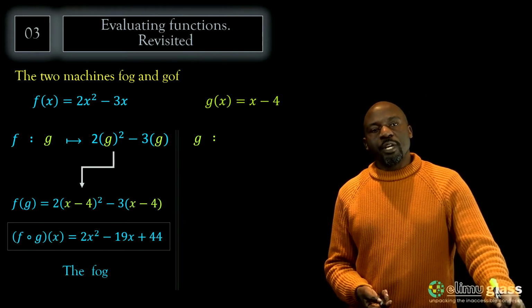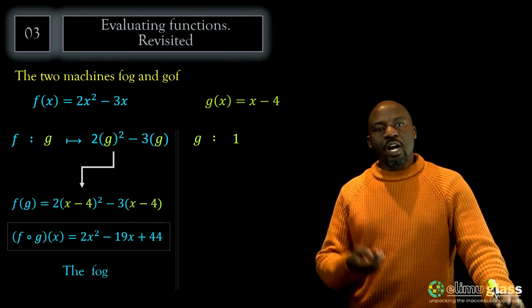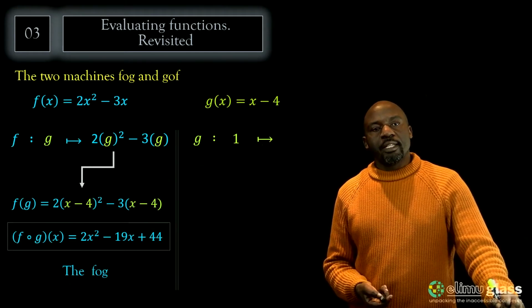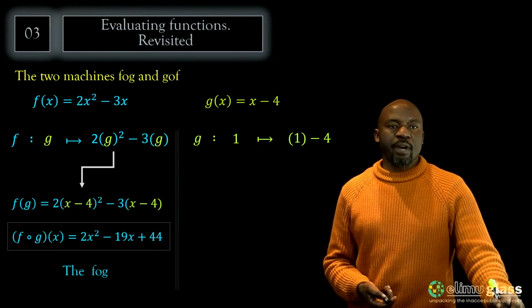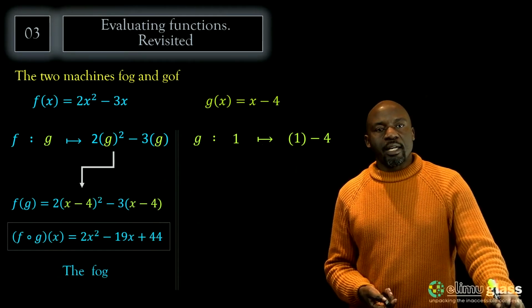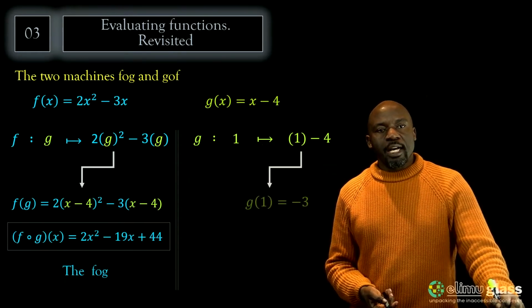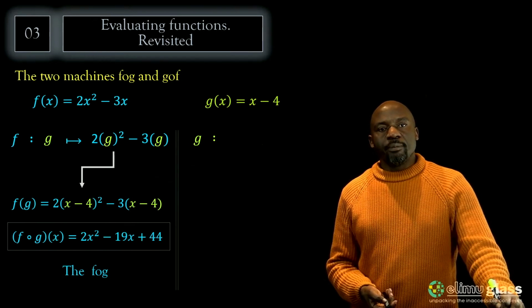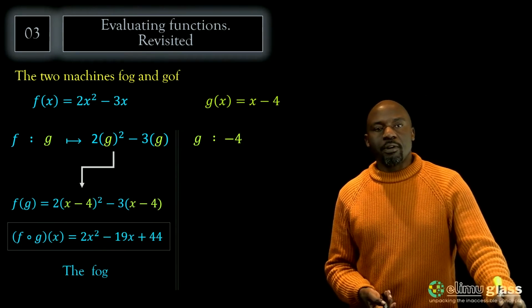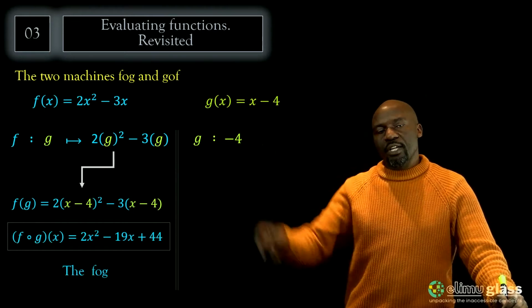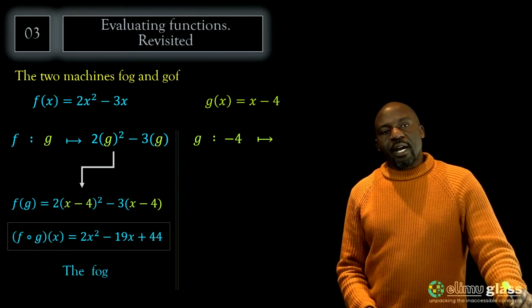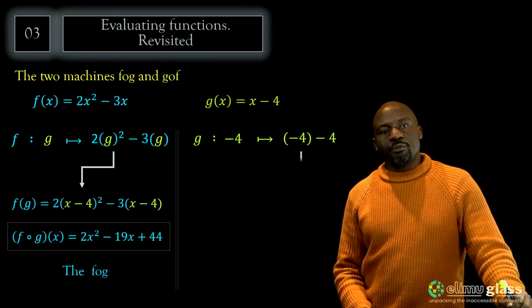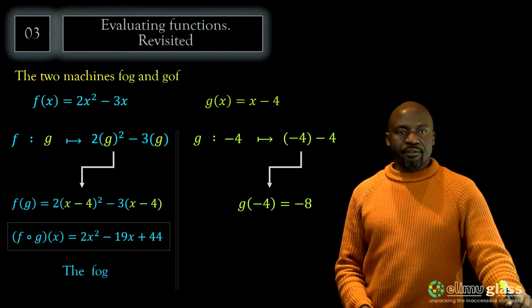Which means if I substitute 1 into this, then it is just 1 minus 4. The place of x is taken by 1, and I get g of 1 as negative 3. Similarly, if I substitute negative 4 into g, using the same values of x as we did on the other side, then we have negative 4 minus 4, which is negative 8. So g of negative 4 is negative 8.